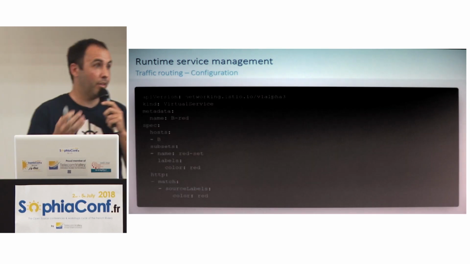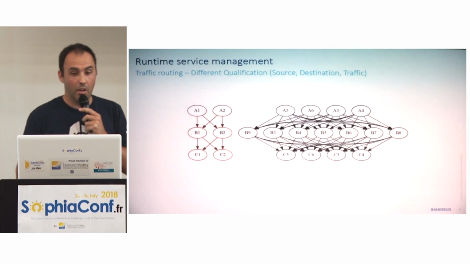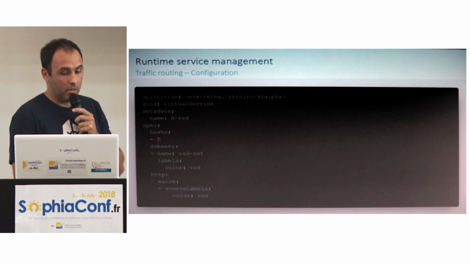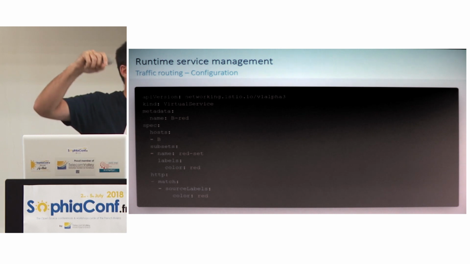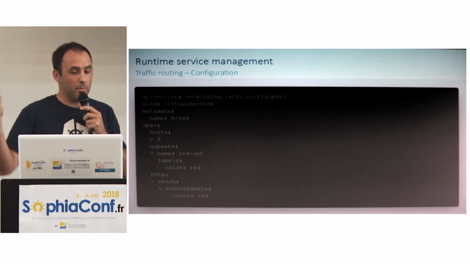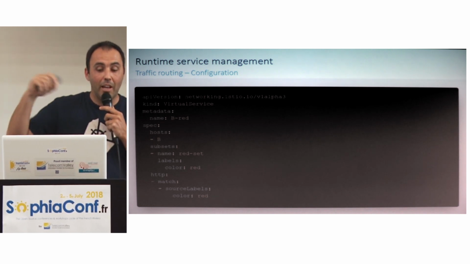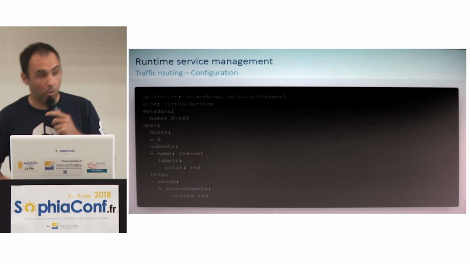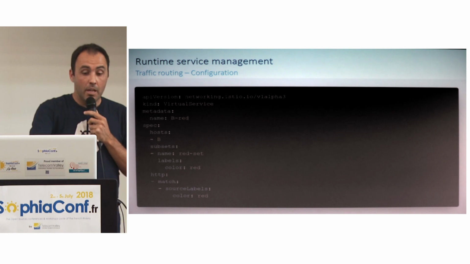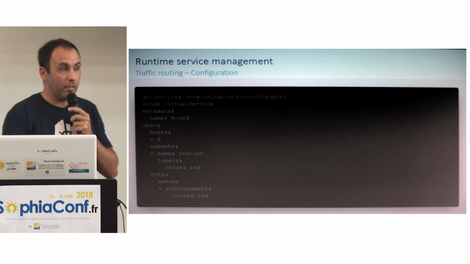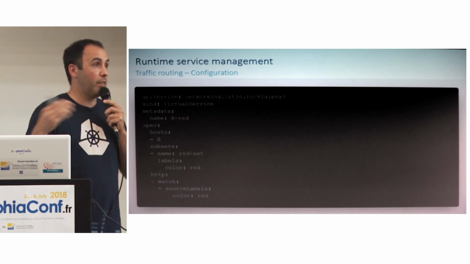Here is the kind of configuration that you would have to inject in your system to achieve this. Here, for B, host B means everyone that is targeting the service B. I want to define a subset that I call red subset, and all the instances that are labeled color red, or it could be canary, or A/B testing, and so on, will have to receive any traffic from other instances that are also labeled red.